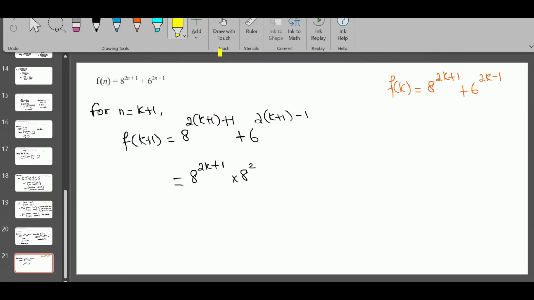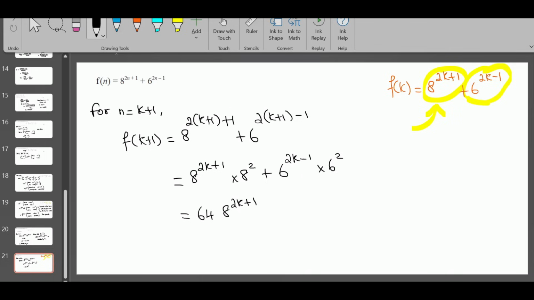Because we are trying to write everything in terms of f of k. So we need 8 power 2k plus 1, 6 power 2k minus 1. Here, it's going to be 6 power 2k plus 2 minus 1. I'm going to write it as 2k minus 1 times 6 squared, which is basically 64 times 8 power 2k plus 1, plus 36 times 6 power 2k minus 1.